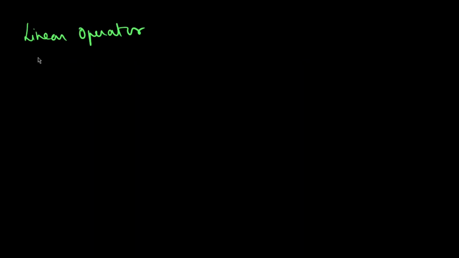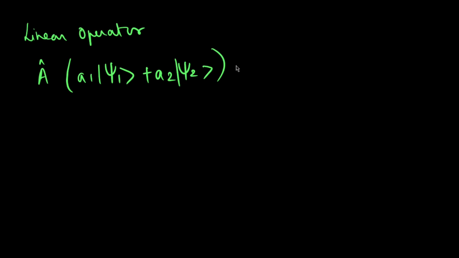Let's see what we mean by a linear operator. An operator A cap operated on a linear function a1 psi 1 plus a2 psi 2 will give you a1 A cap psi 1 plus a2 A cap psi 2.